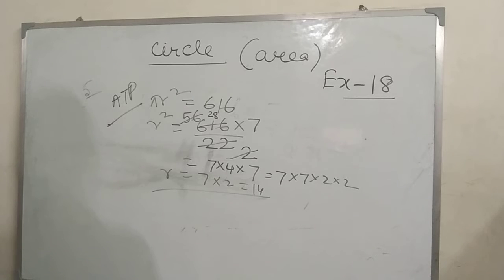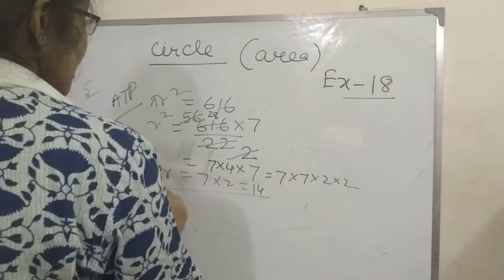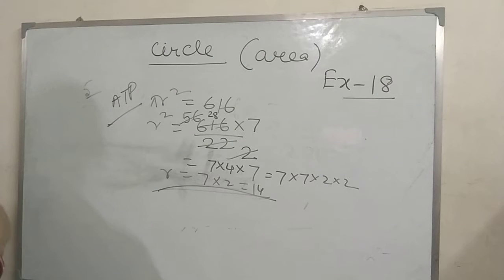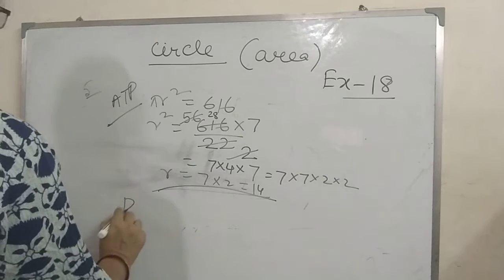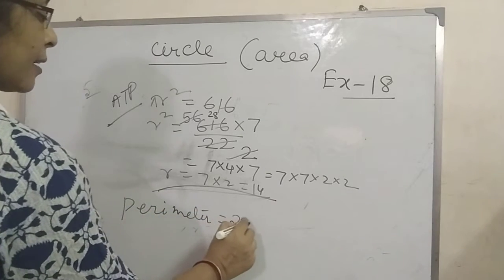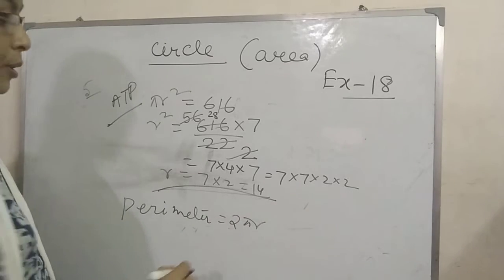Next part: with this length of radius, Farooq will be able to draw a circle, and what perimeter will he get? We have to calculate the radius of the circle and the perimeter of the circle. Then perimeter equals 2 pi r.